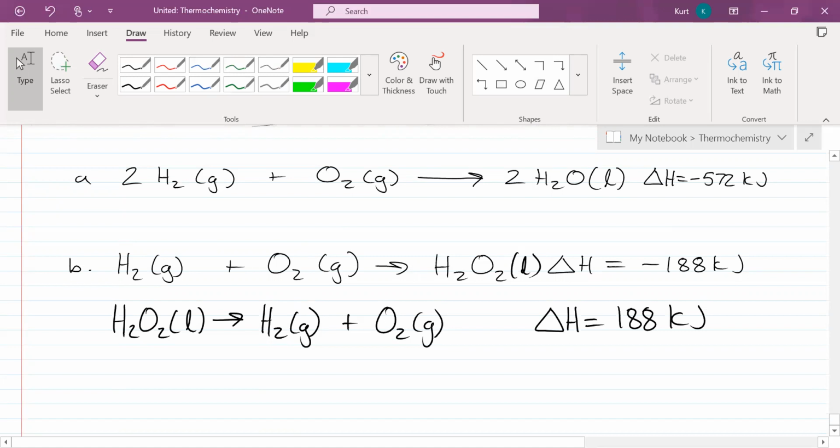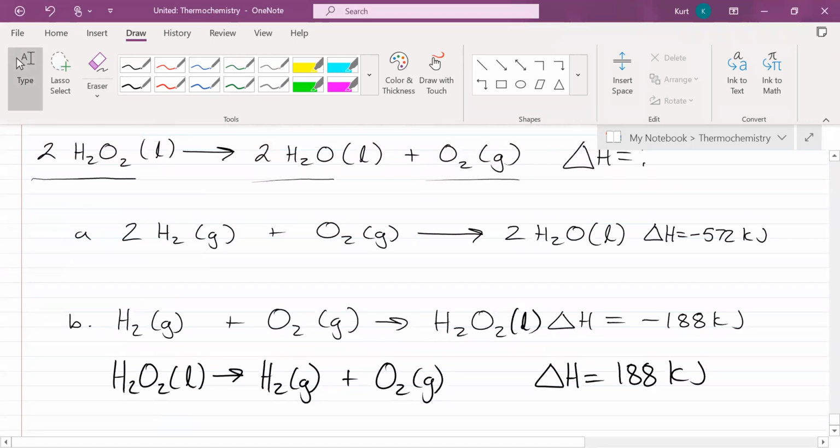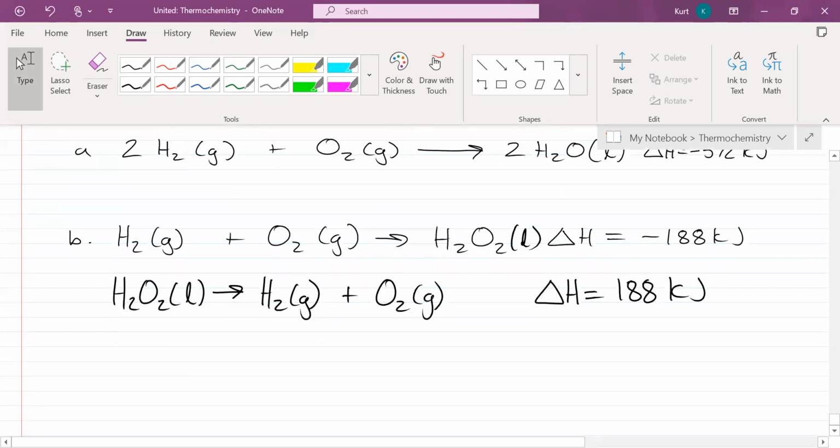You need to double it. If I double it, it's still going to be balanced. Why do we need to double it? To make it 2 H2O2. Do you see that? All right, so now I'm going to tell you guys to double it.